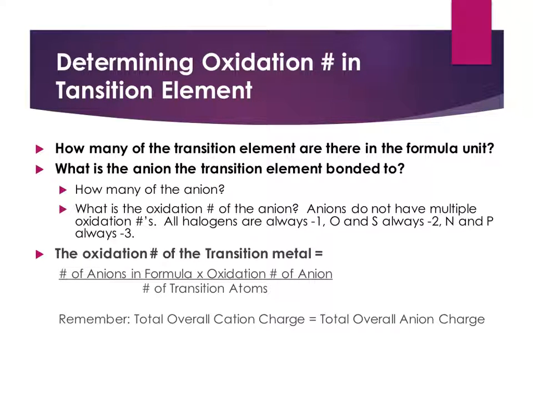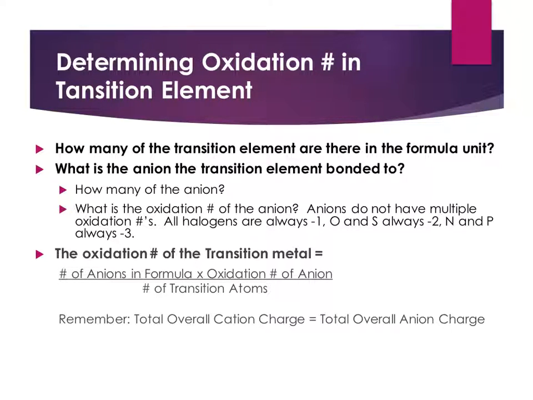The anions are not going to have multiple oxidation numbers, so there's no guesswork here. Oxygen is always going to be -2, nitrogen is always going to be -3, chlorine, bromine, iodine, fluorine are always going to be -1, sulfur is going to be -2, etc. Their position on the periodic table tells you the oxidation number.